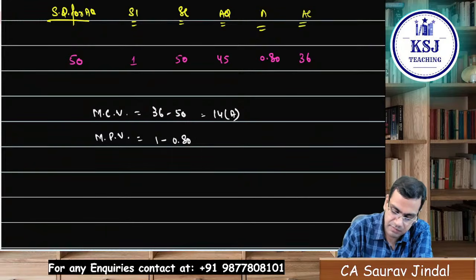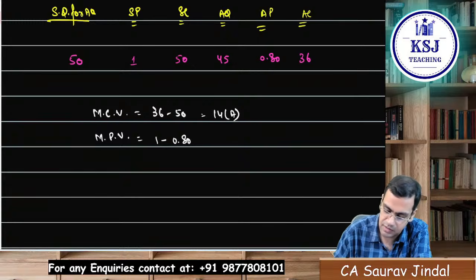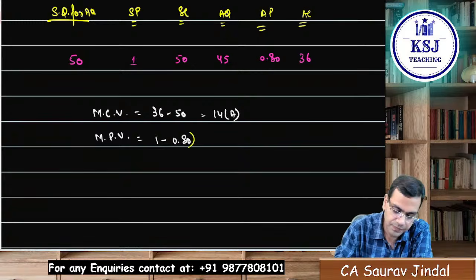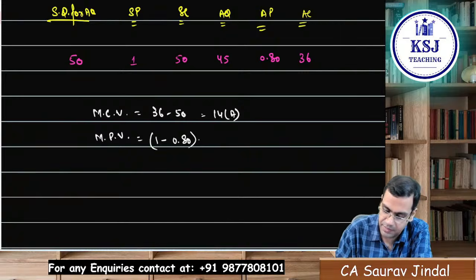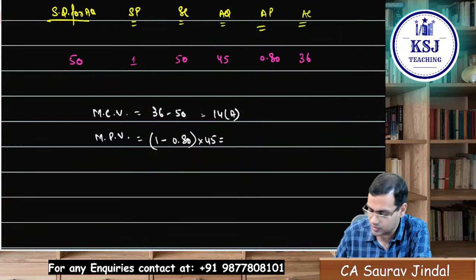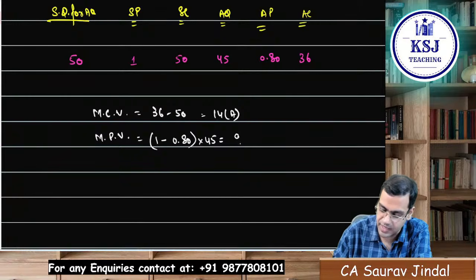Rate we normally use for labor, right? Multiplied by what? Multiplied by actual quantity, that is 45. So that is 0.80 into 45. That comes to 9 favorable.